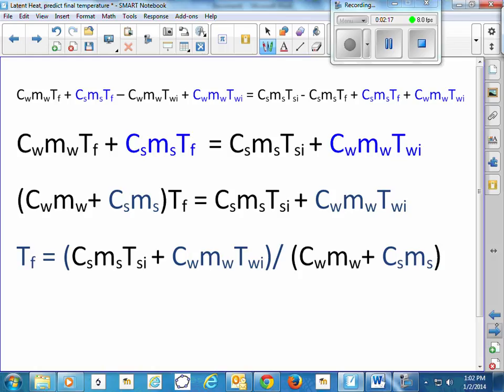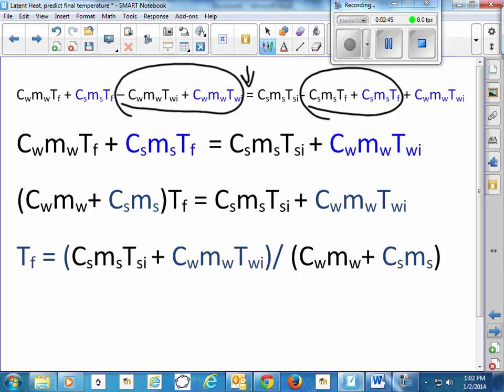As long as I add the same things to both sides, hopefully you believe from algebra that both sides will still be equal. The reason I added those particular things is because one is positive, one is negative, they cancel. And here one is positive, one is negative, and they cancel. So I only have two terms on each side now.